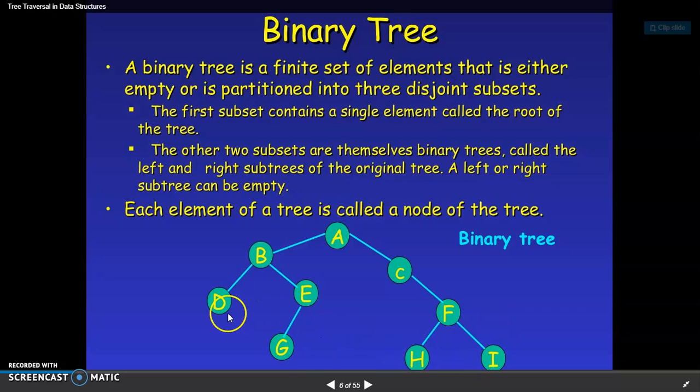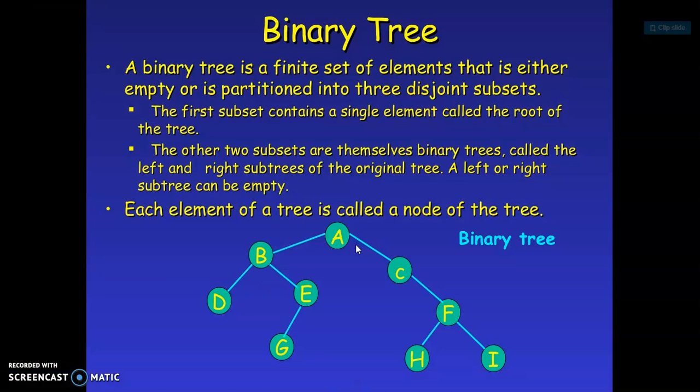These do not have any child nodes. In this tree, A, B, and F have two child nodes, E has only one child node, C also has only one child node, and D, G, H, I have zero child nodes. So any node in the binary tree can have either 0, 1, or 2 child nodes, maximum 2 child nodes.